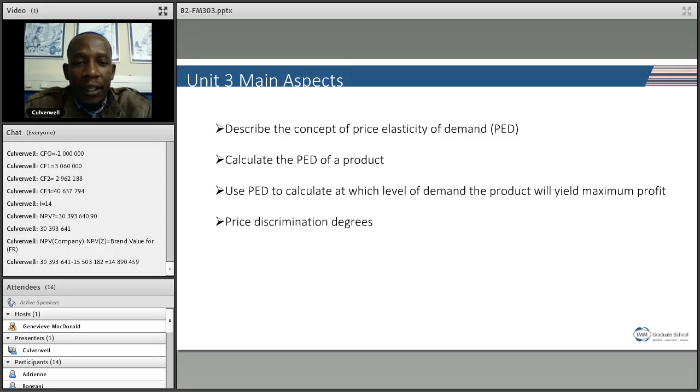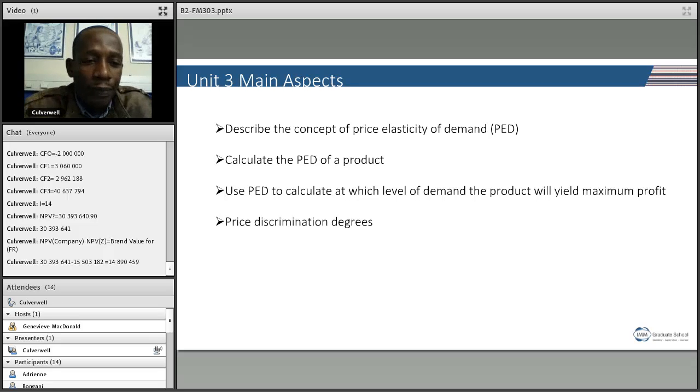And also, if you remember where I said on my few pointers, you should go through your assignment, see how they also examined you on this unit. They gave you PED, they gave you quantity of the current situation, and then the 2 price changes, the current price and the anticipated change in prices.